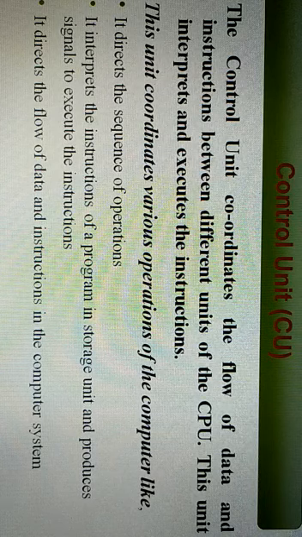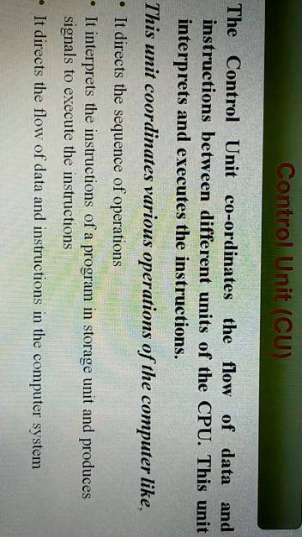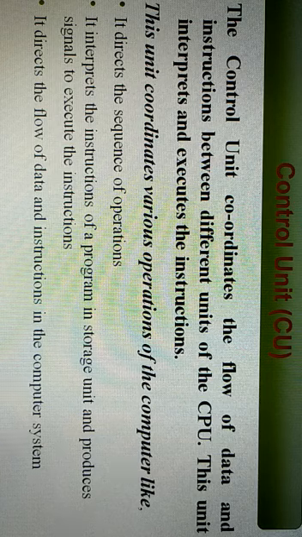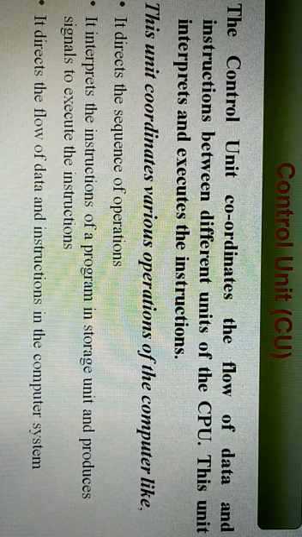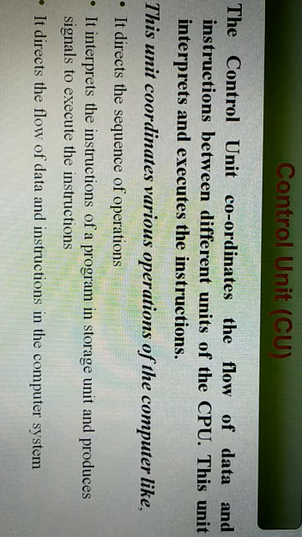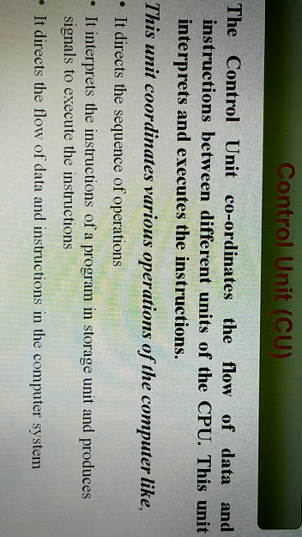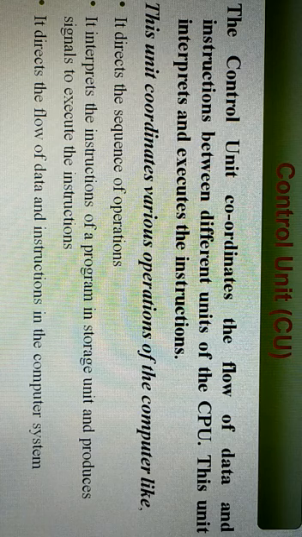Basically, the control unit functions in a fetch-execute cycle. It fetches the instructions and data from the memory unit, decodes them and sends them to the arithmetic and logic unit for processing. After that, the output from the ALU is fetched by the control unit and sent to various parts of the computer.